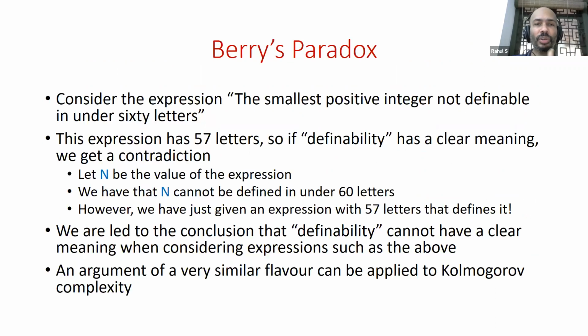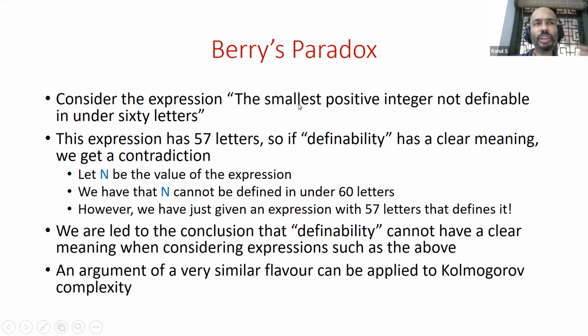So what is Berry's paradox? It's a paradox about descriptions. It was described by Bertrand Russell, based on an argument due to a librarian called Berry. It was about considering this expression: the smallest positive integer not definable in under 60 letters.